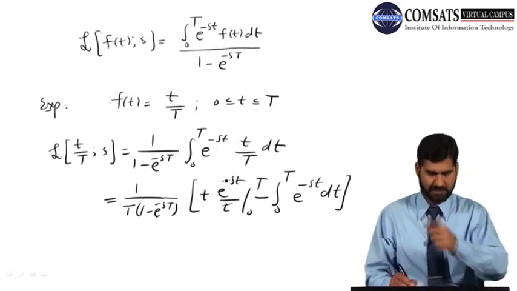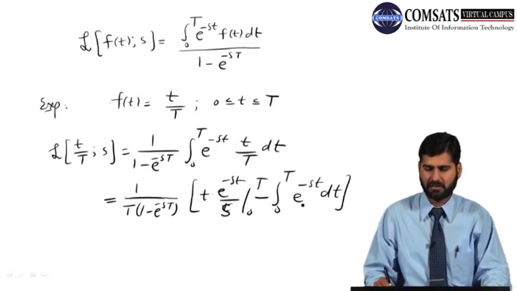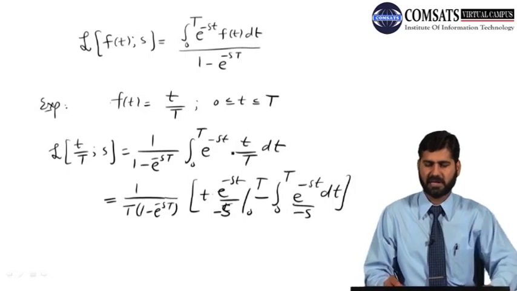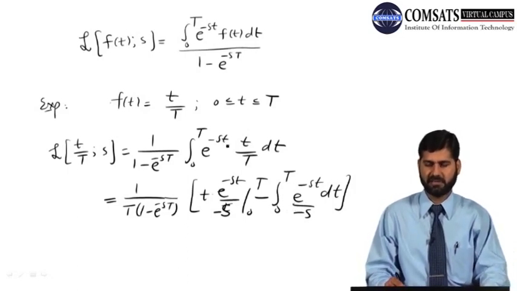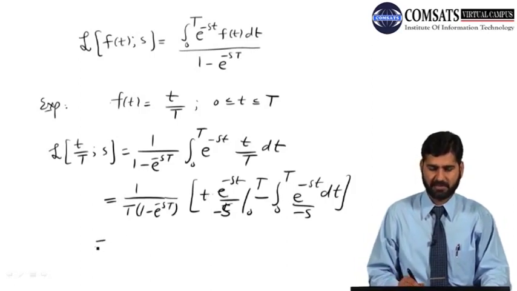Alright. So at capital T, e to the minus st by minus s, right? That will be the integral of this thing. If you replace t, you will get capital T e to the minus s capital T. This outside thing is the same.